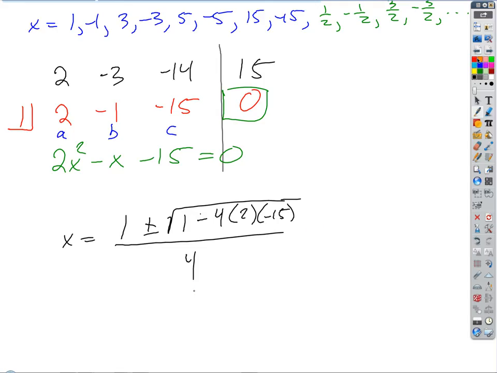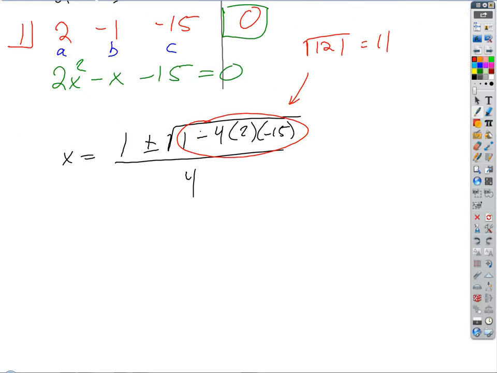Well, what are we going to get in here? Let's figure out what this number is going to be. What's -4 times 2 times -15? Well, what's 2 times -15? -30. -30 times -4 is 120, right? Good. Plus 1? 121. So all this stuff in here is the square root of 121. What's that? 11.